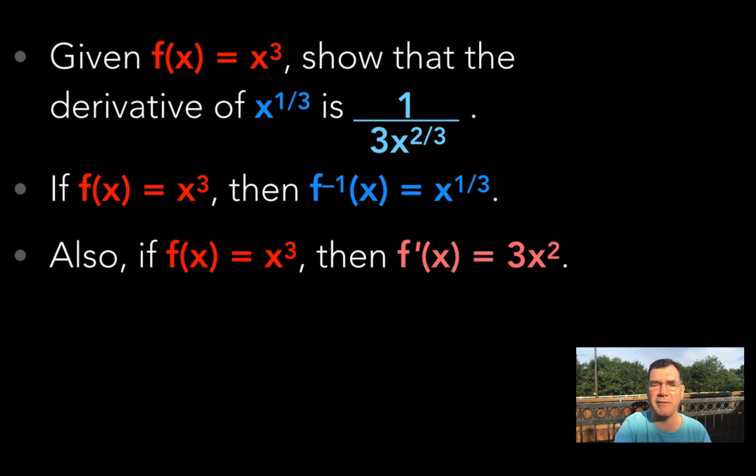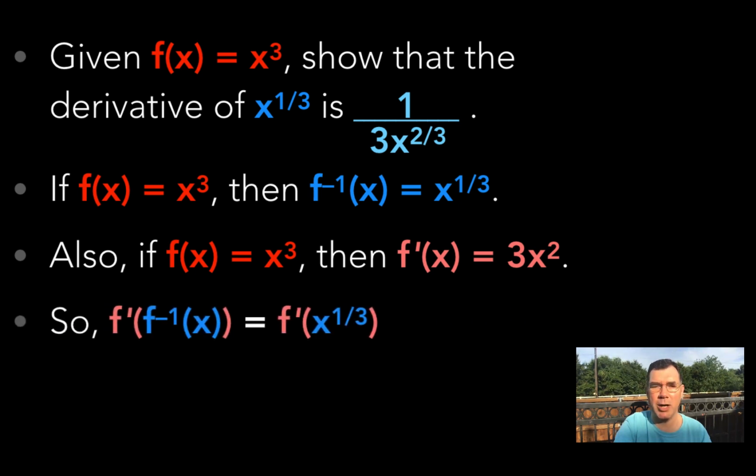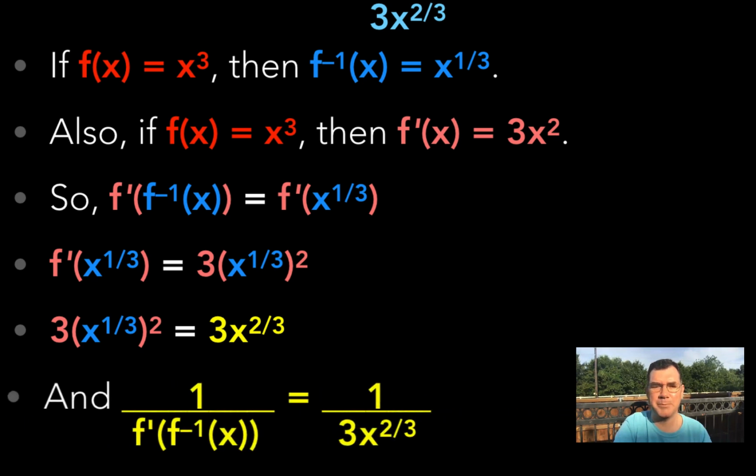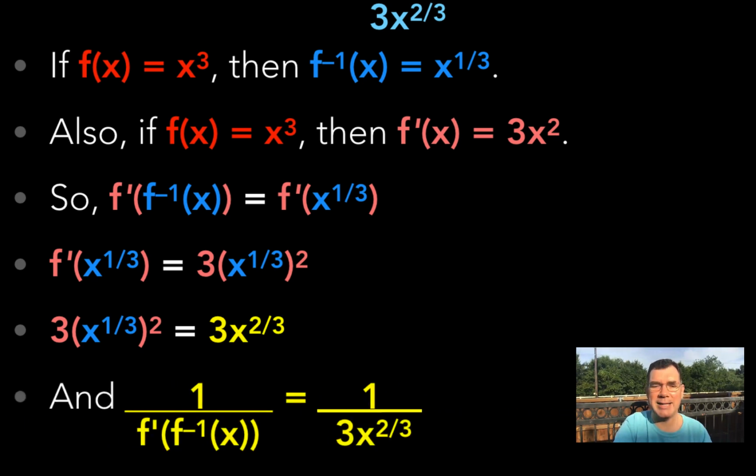Also, the derivative of x to the third is 3x squared, which we know. So I'm going to plug the inverse into the derivative, and I will get 3 times x to the 1/3 squared, and that gets me 3x to the 2/3. All right. So 1 over that is going to be 1 over 3x to the 2/3.